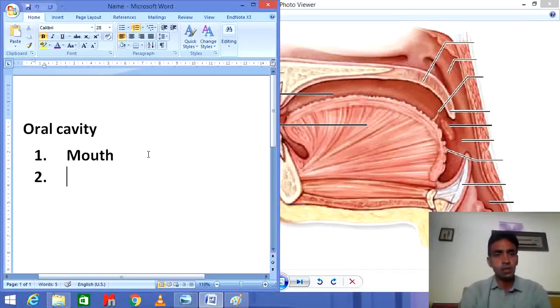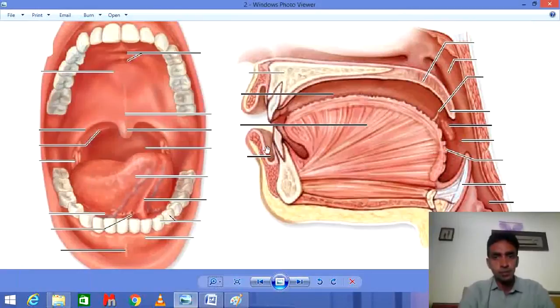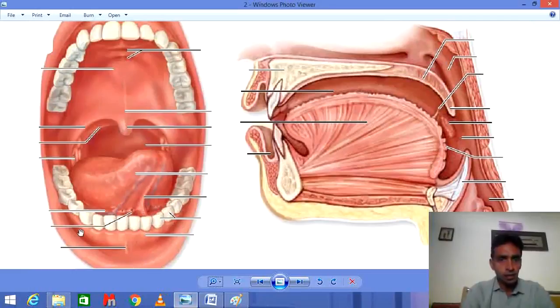First, mouth, which is just the space between the two lips. Then after the mouth, the space between the teeth. These are the teeth, and these are the lips. You can also see in this diagram the space between the gum and the lips.